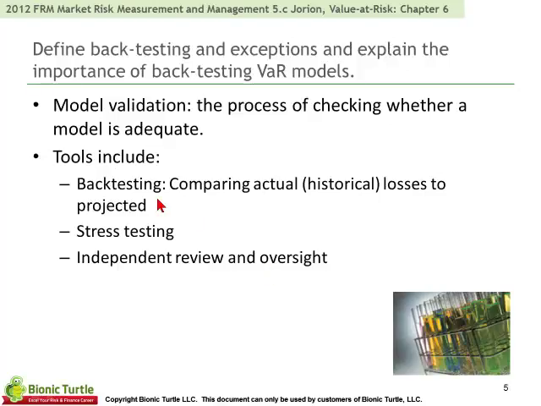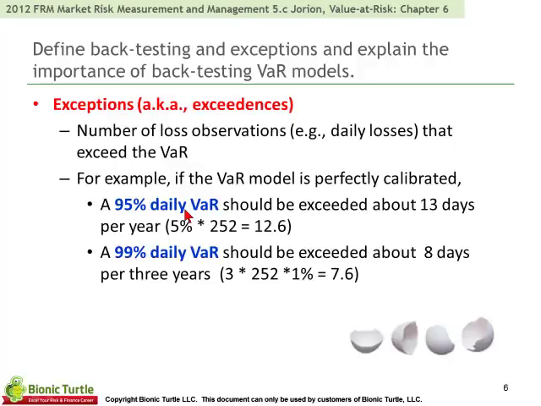And so in this chapter, we're most concerned with backtesting. Stress testing he devotes to another chapter. And so backtesting is specifically when we compare actual historical losses to projected losses. So a backtest really implies that we have some historical performance, a historical database with which to evaluate.